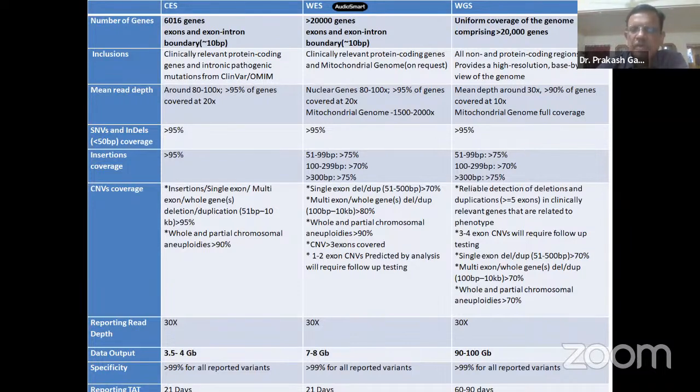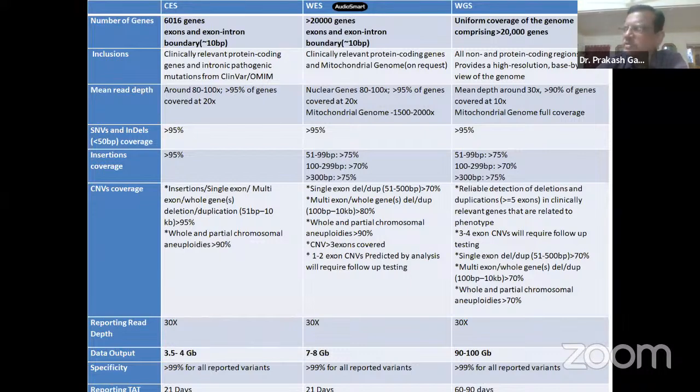That is our OMIM database. Sometimes it is called OMIM sequencing also. OMIM is Online Mendelian Inheritance in Man, and this database is freely available on the net. It was set up by Victor McKusick, a very famous researcher at Johns Hopkins, and there this particular database is maintained.